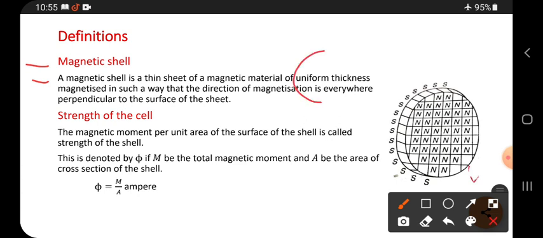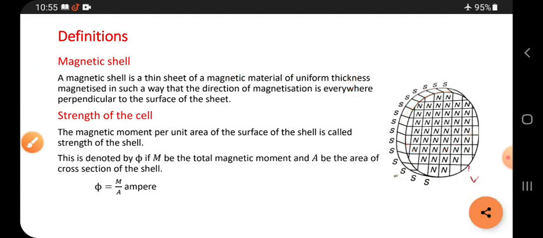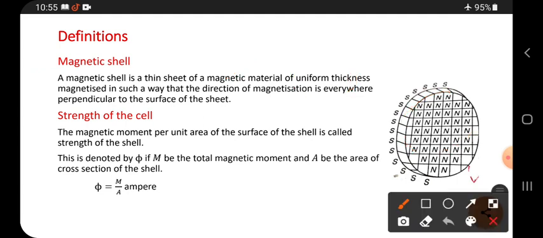So here it is a thin sheet of magnetic material, of uniform thickness. So everywhere its thickness is the same. Thickness is not different at different places. So its thickness is uniform, meaning the same everywhere, magnetized in such a way that.